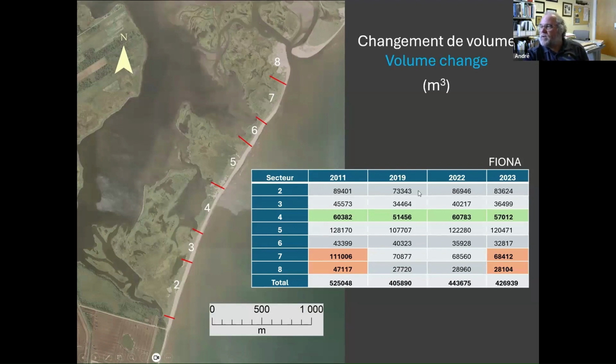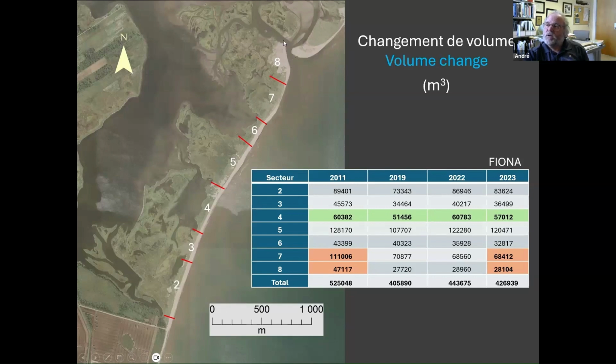And we can see how it evolved. So in 2011, 2019, 2022, in general, it changes over time, over the course of 20 years, but we notice in this zone a massive loss.